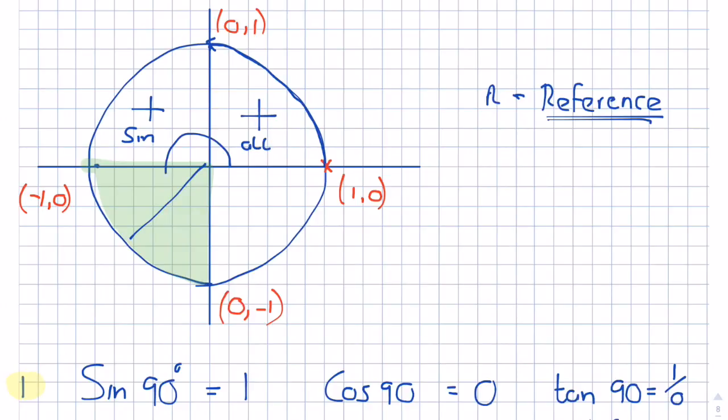Remember, this is the full angle, but again, because this is greater than 180 degrees, I need an angle which I can get the sine, cos or tan of. So I'm going to use my reference angle, and my reference angle will actually just be this one, because it's still going to bring me to this point. So this will be my reference angle, but I'll have to take into account what is our sine going to be. Is it going to be positive or negative?